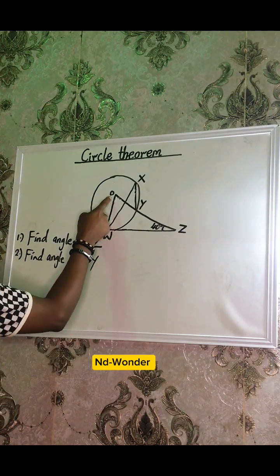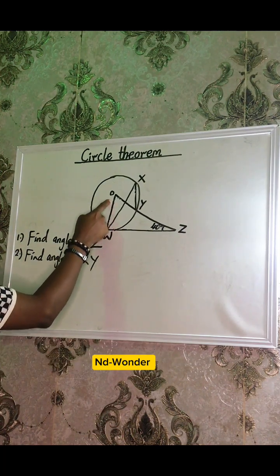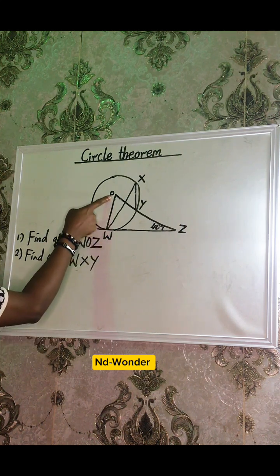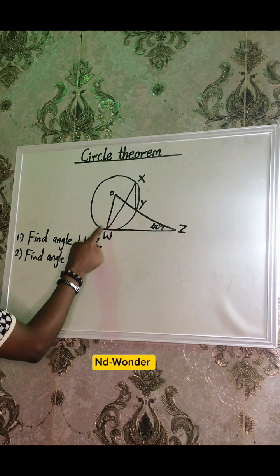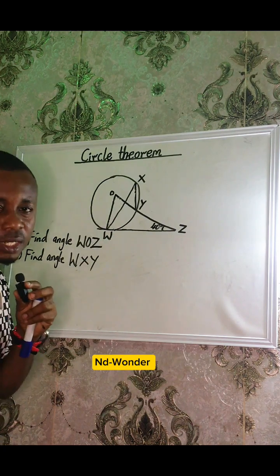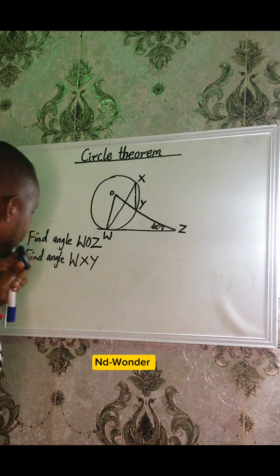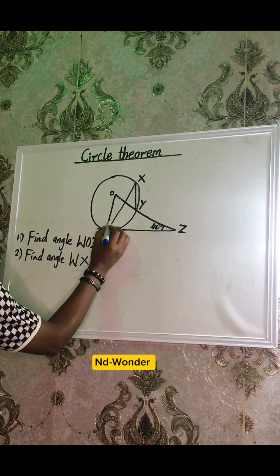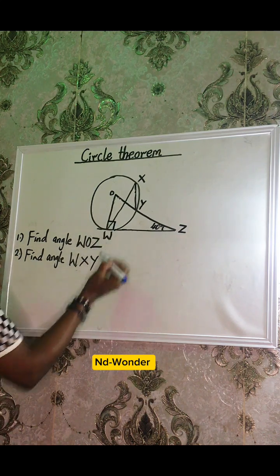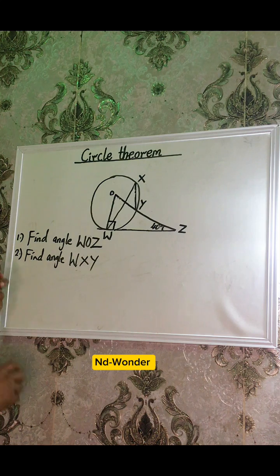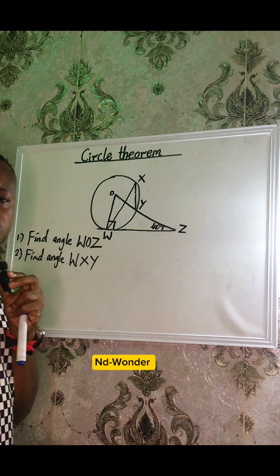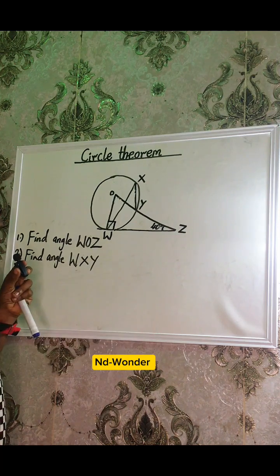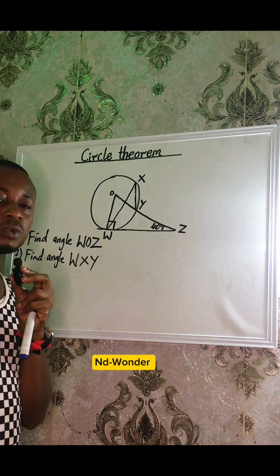And whenever you have a straight line from the tangent down to the center of the circle, that line becomes a perpendicular line. And you know, a perpendicular line forms a right angle. So definitely here becomes 90 degrees. All these things must be put into consideration in order to answer questions like this perfectly well.